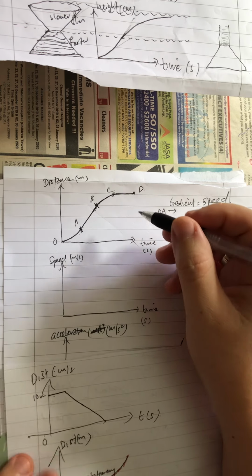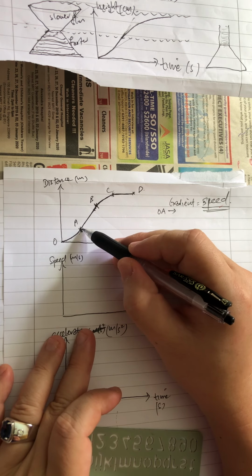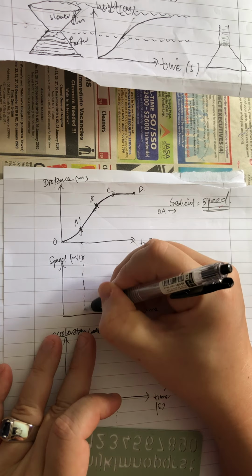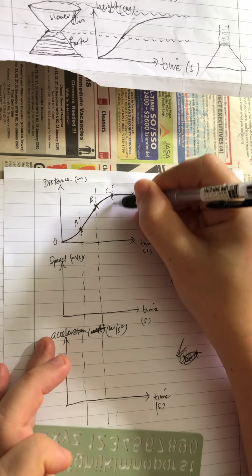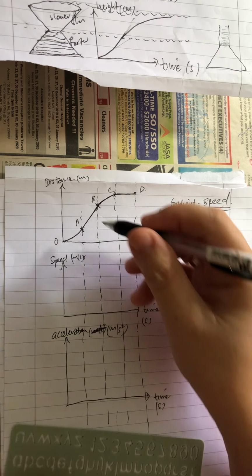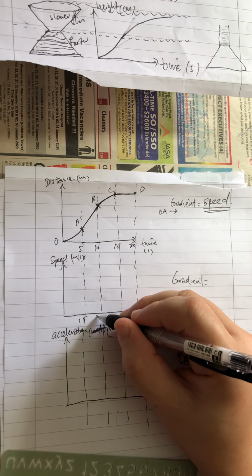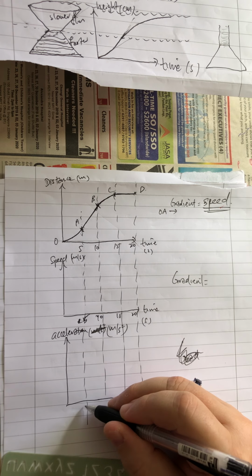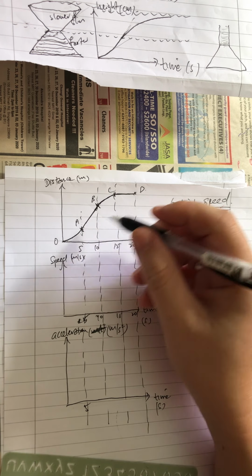If I were to ask you to transform this part here into here, I draw dotted lines. It's very important that you understand what these dotted lines are for. Let's say this is 5, 10, 15, 20. This represents different timings and different sections of the motion of the person.